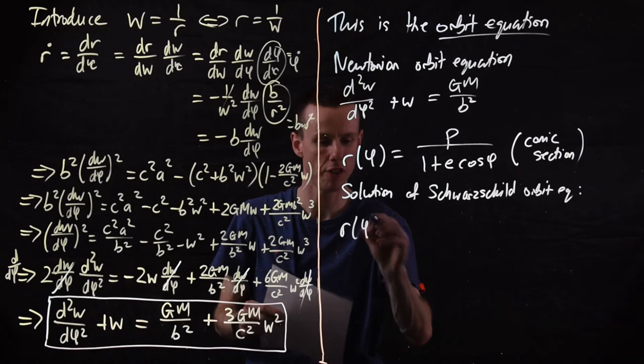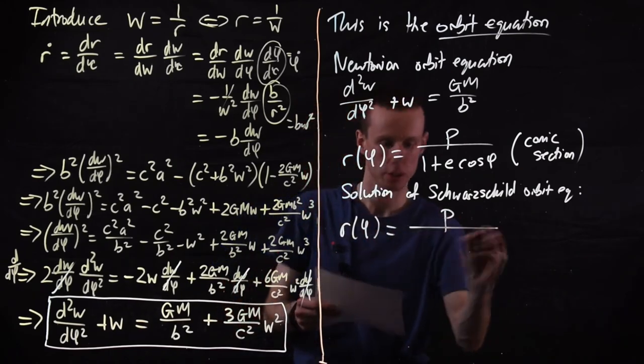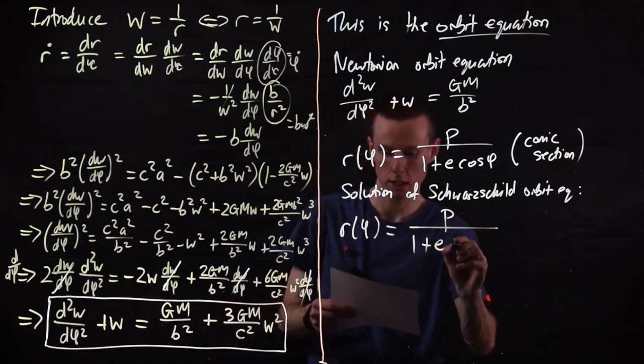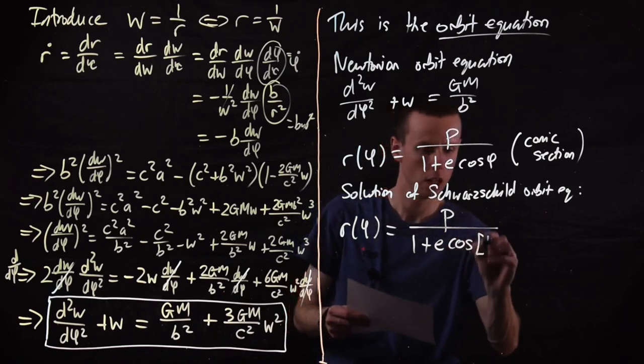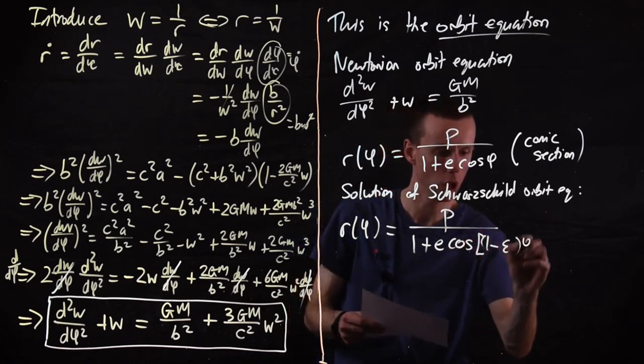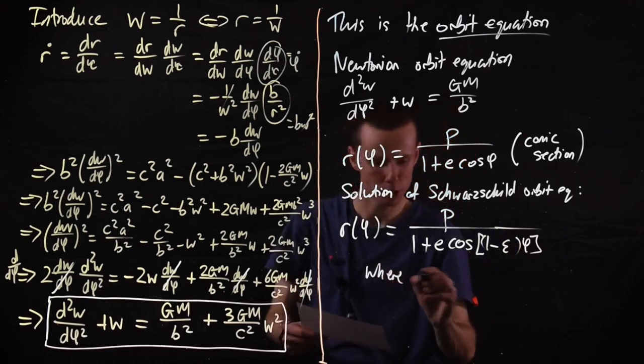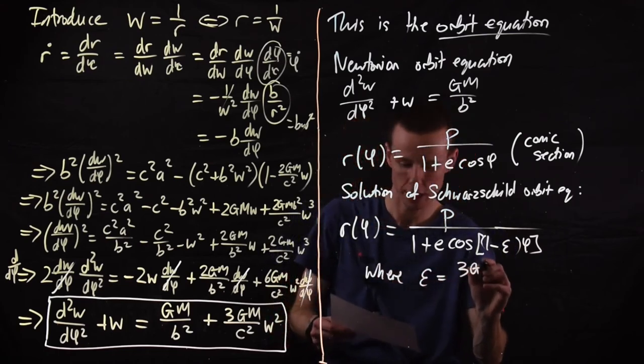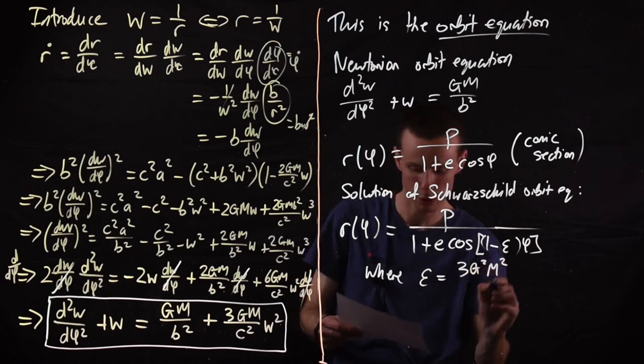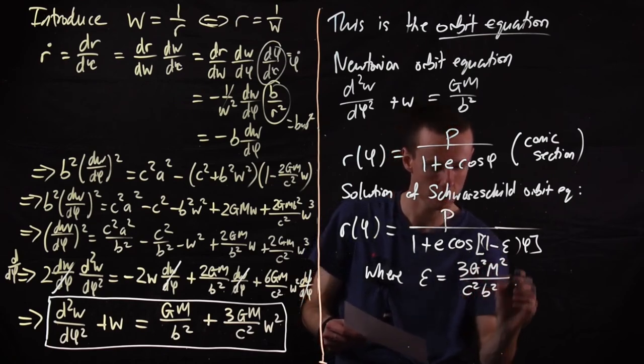So it's r of phi is equal to p divided by 1 plus e cosine of (1 minus epsilon) times phi, where epsilon is equal to 3 G squared M squared divided by c squared b squared.